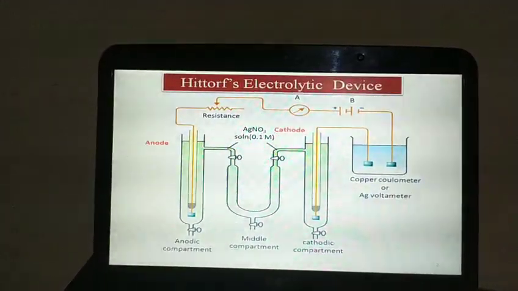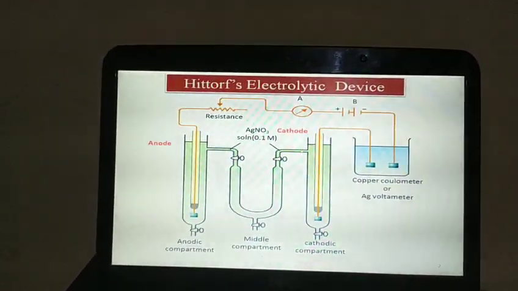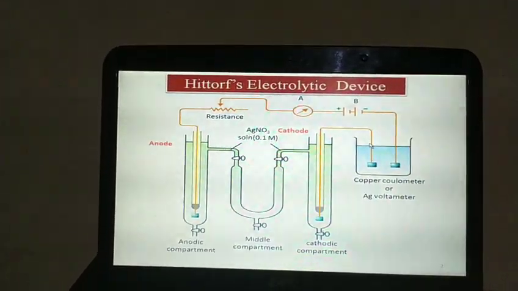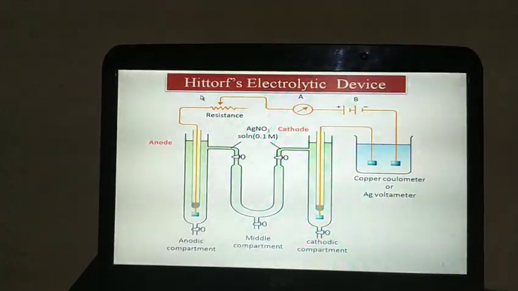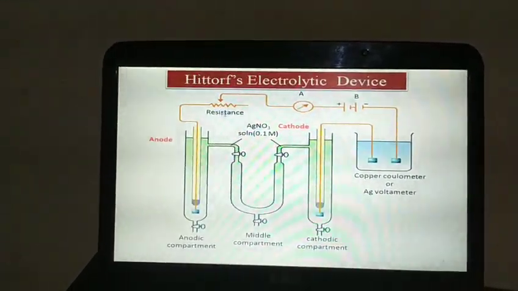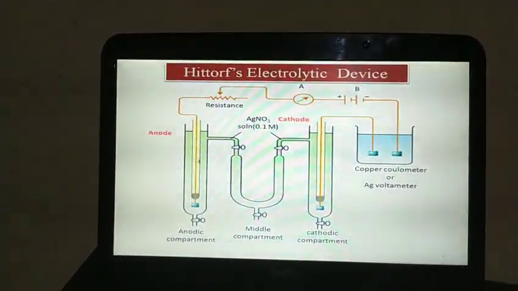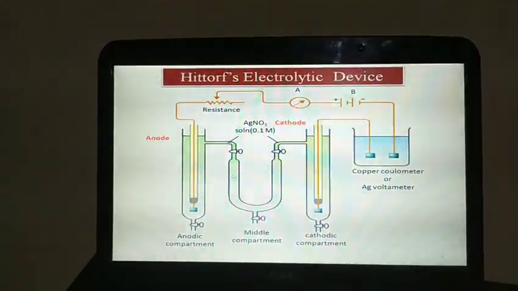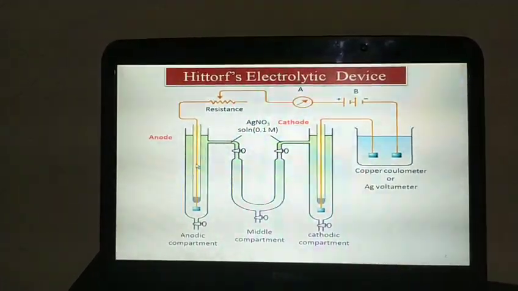The whole Hittorf's apparatus is connected to the copper coulometer or silver voltameter through the battery and the variable resistance. And we are using platinum electrodes here. Based on the type of electrodes used, we have two cases.